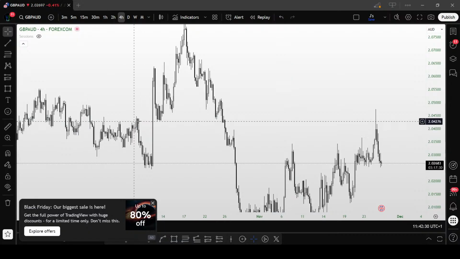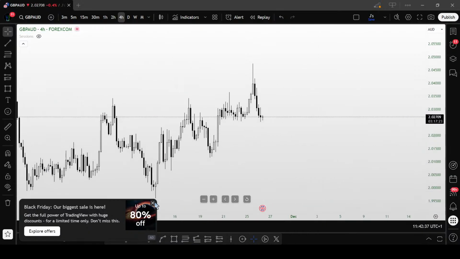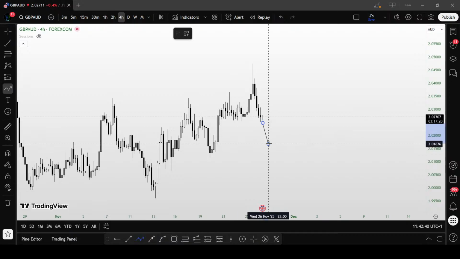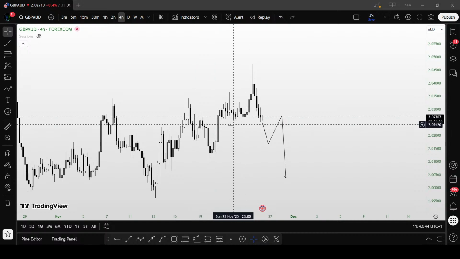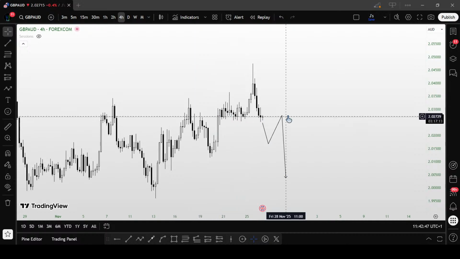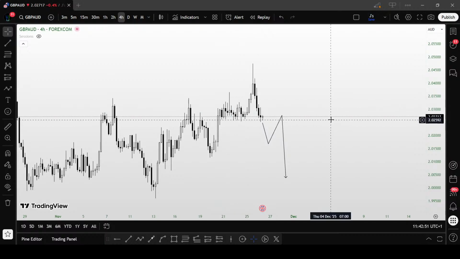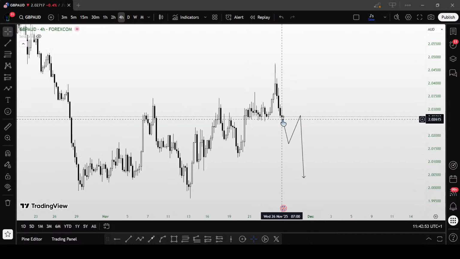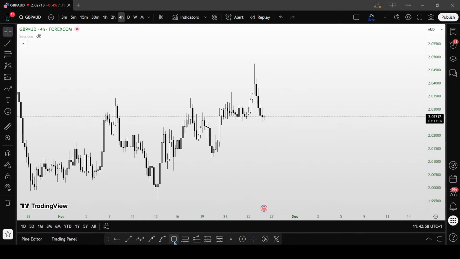But there's a lot of levels here, and price is reacting to it. I believe that we're about to go down from here. Yeah, I believe so. So we should have something like this. This here could also be a key level. This here is accumulation, so definitely accumulation, manipulation, and guess where we're going: distribution. So you need to find a setup around here that's going to push price to the downside.